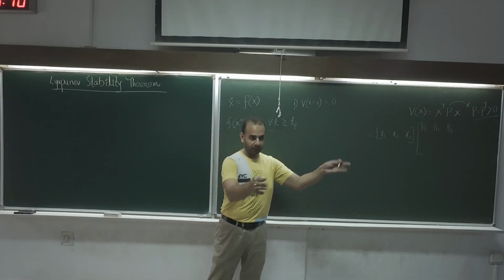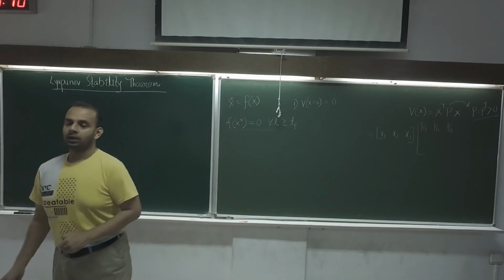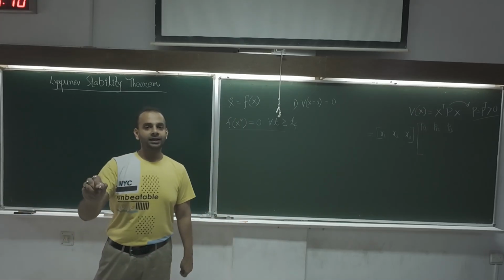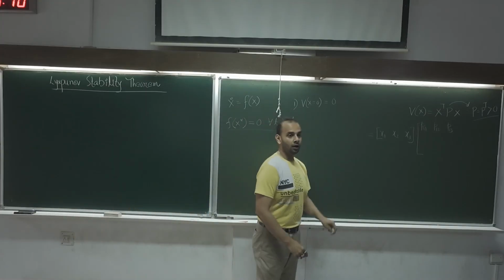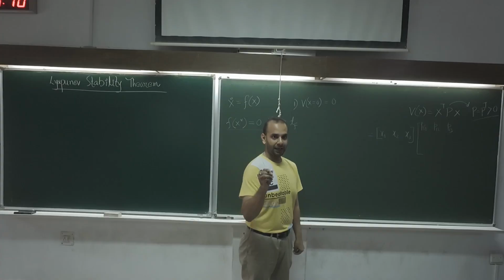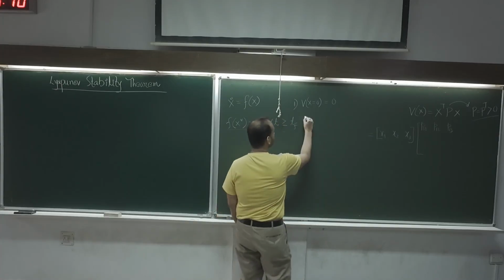And here, for the class of systems we are analyzing, we are considering the origin to be the equilibrium point. So V evaluated at the origin must be 0. Okay, this is the first requirement.